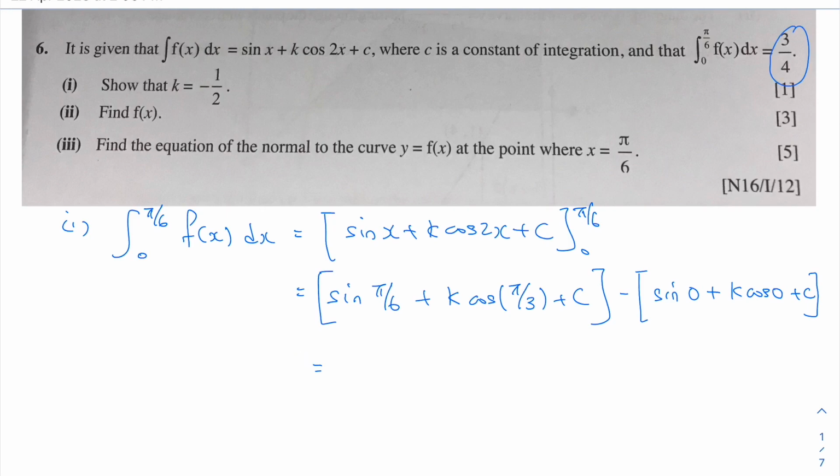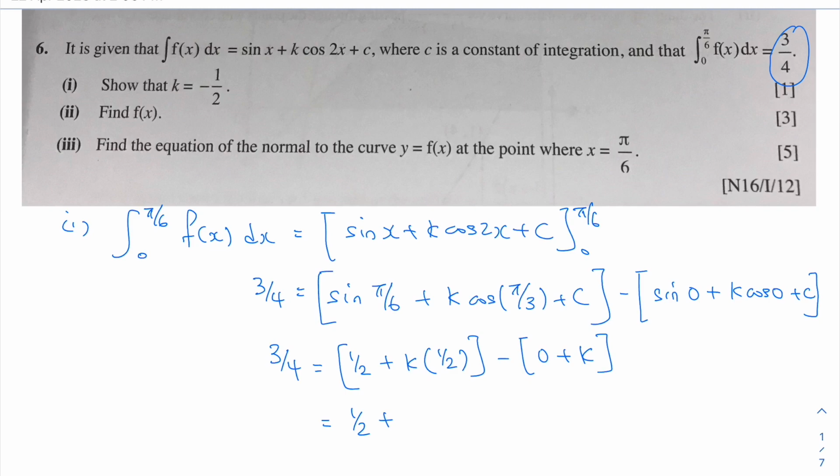So this gives a value of sine 30 degrees, which is half, plus k cosine 60 degrees, which is also half. Subtract sine 0 is 0, cosine 0 is 1, plus k. And this yields a value of 3/4.